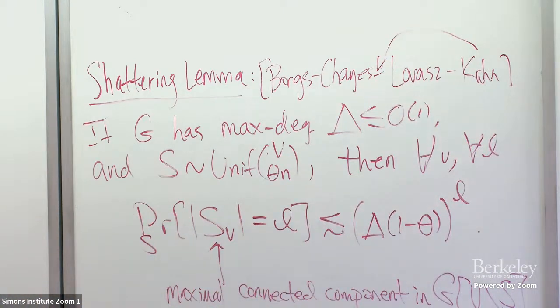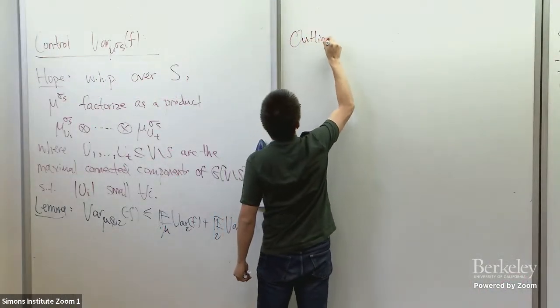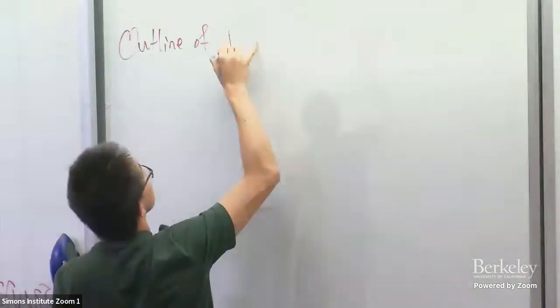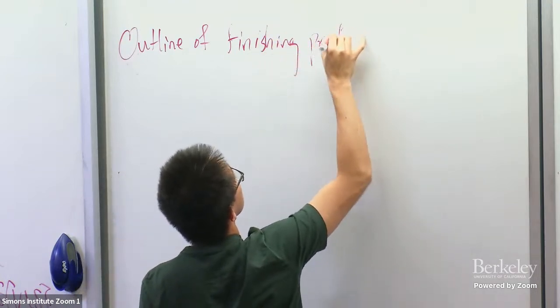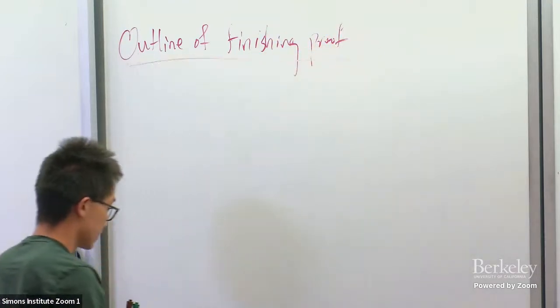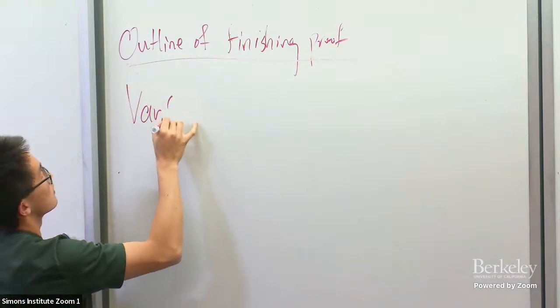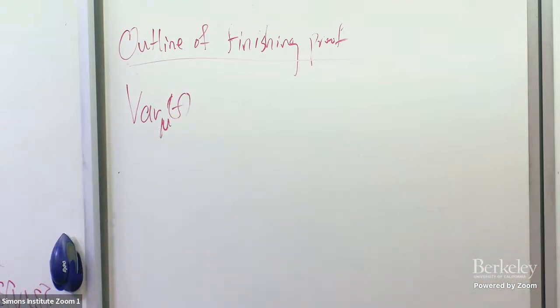Okay, so roughly, an outline of calculations. I'm going to start with, of course, my global variance. I'm going to use this thing right here.